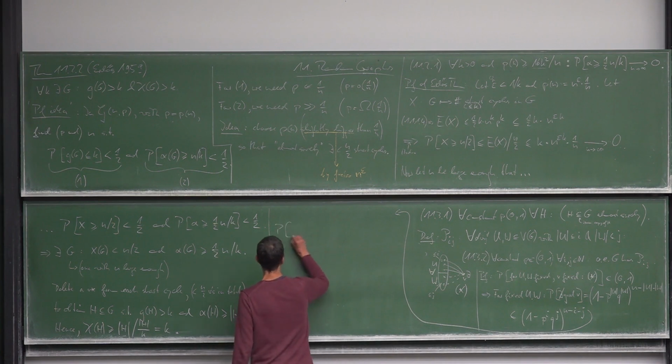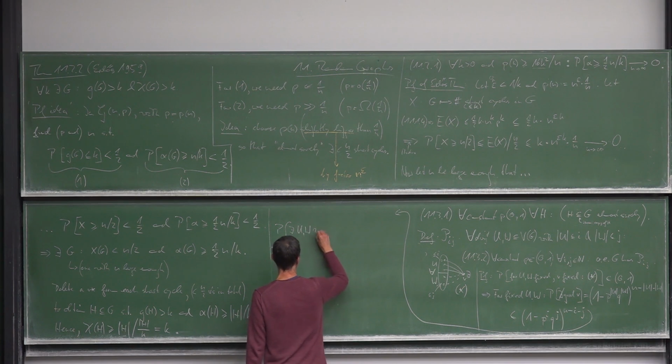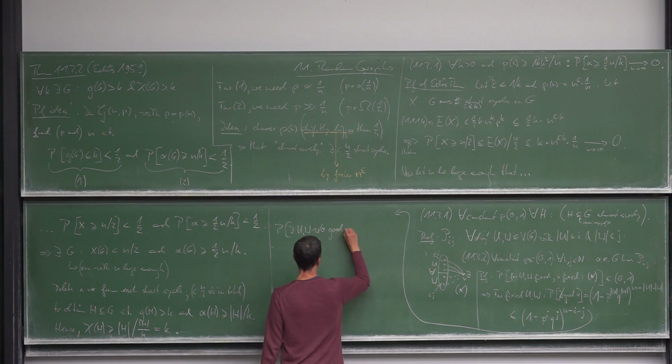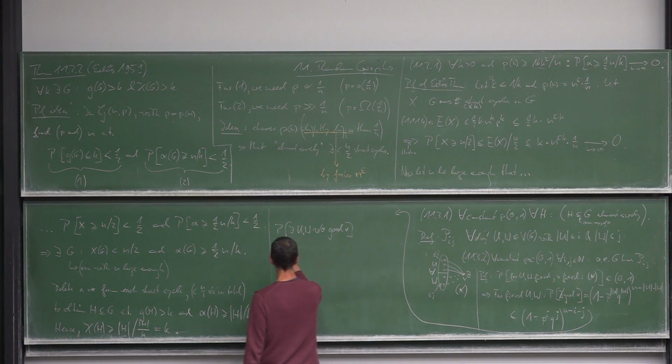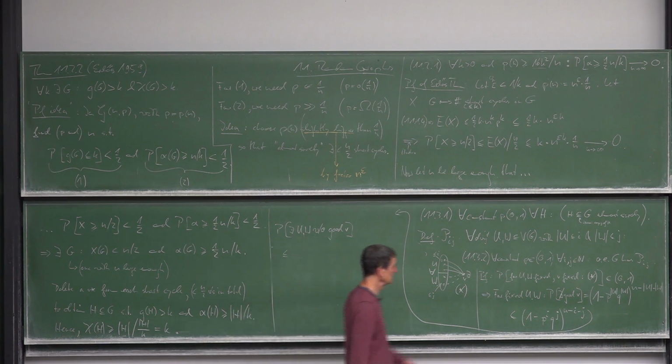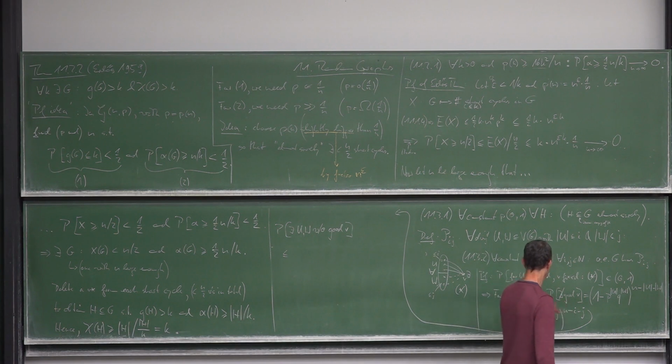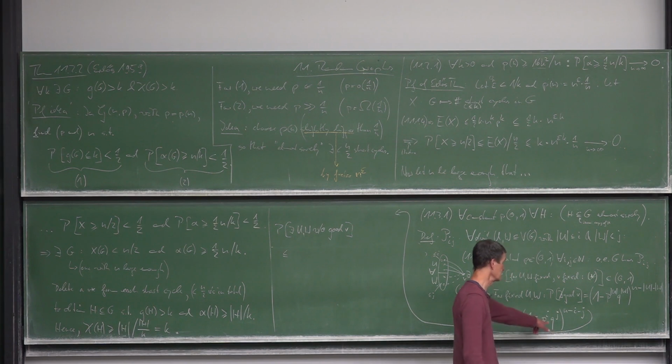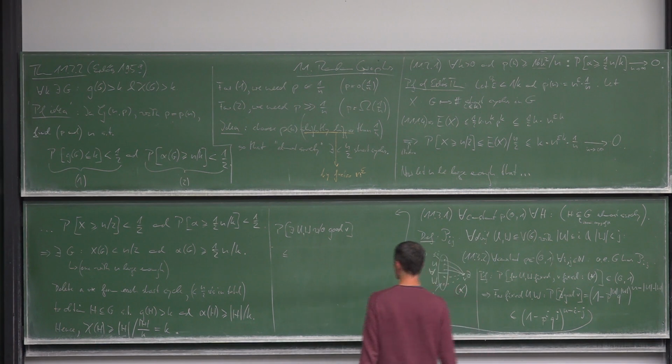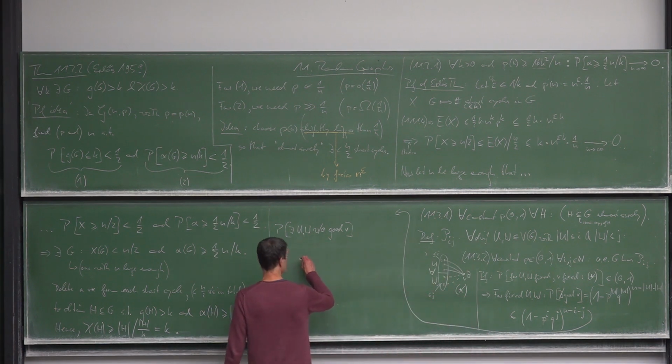The probability that there exist U and W without a good v is at most this probability for fixed U and W times the candidates for these pairs U and W. So how many pairs U and W do we have to consider?